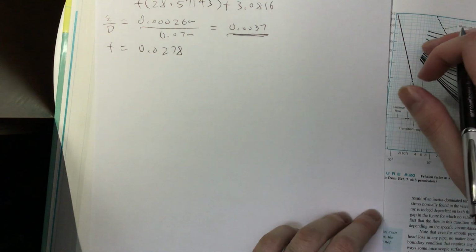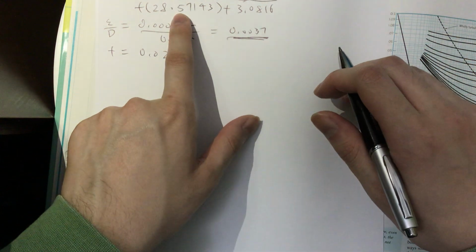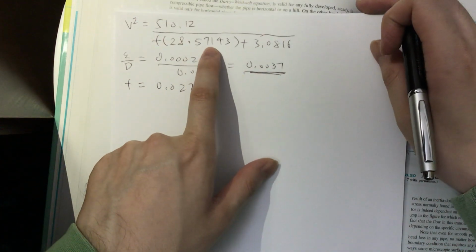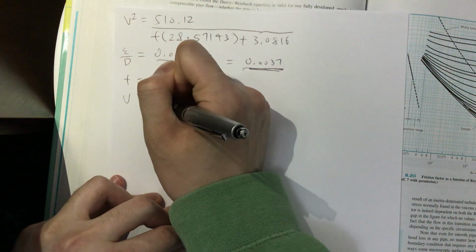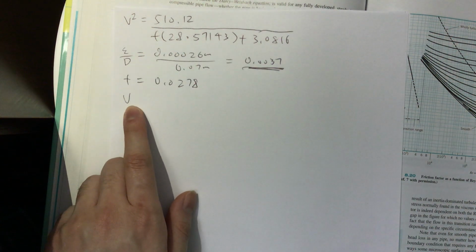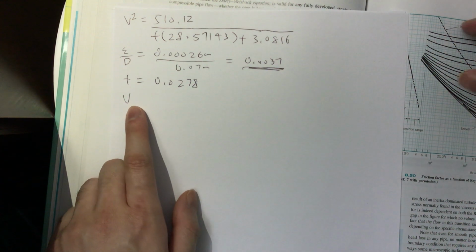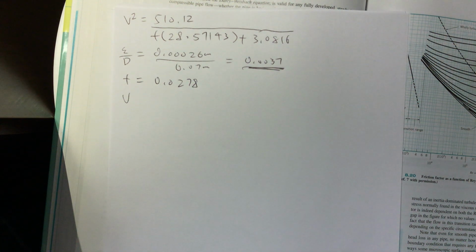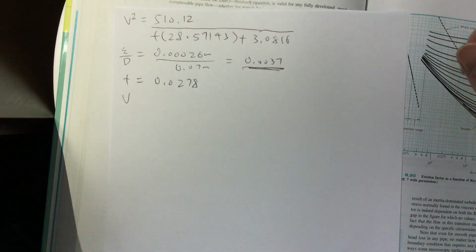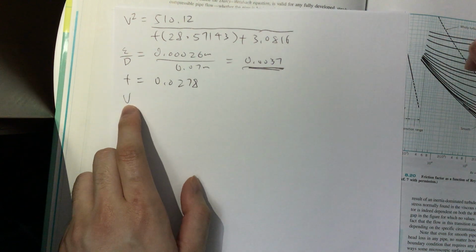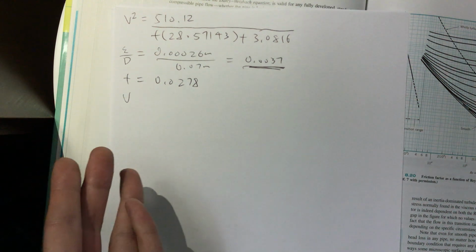So we got our friction factor, we got our simplified energy equation, plug this in, find the velocity. Because we need the velocity for A, our volumetric flow rate, which requires the V, and B, our Reynolds number, which also requires the V. And we need the Reynolds number to prove that this is a fully turbulent flow.